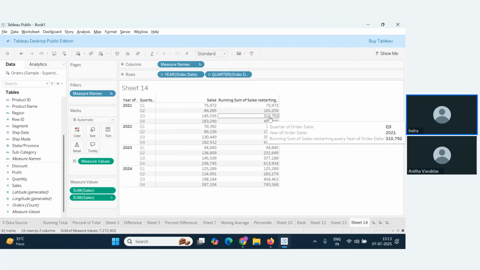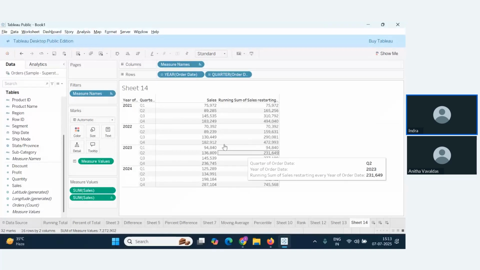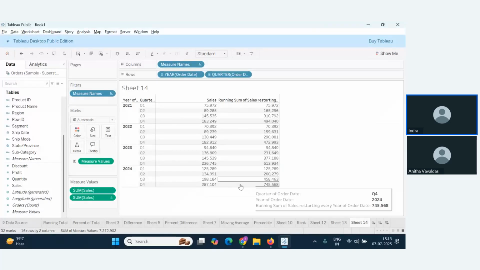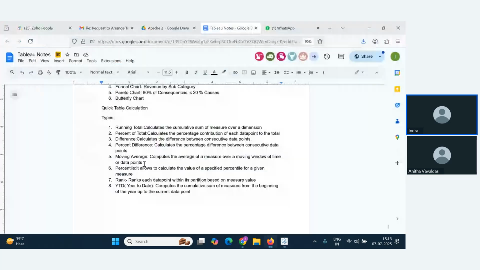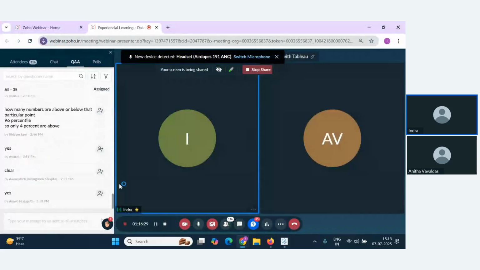If you sum all these four values, you get this value. Like this, it's taking the sum of sales quarter wise, for all the years, and showing us the total sales. Clear? That is year to date total.